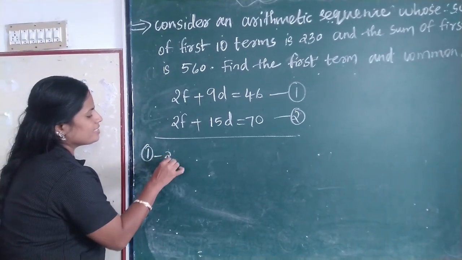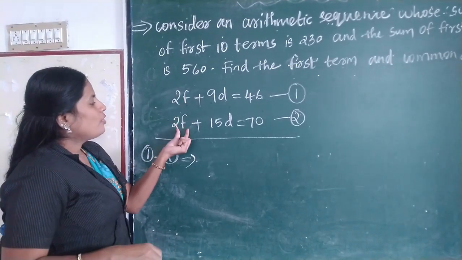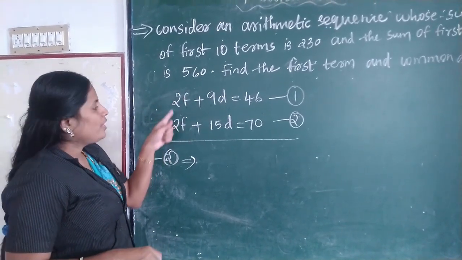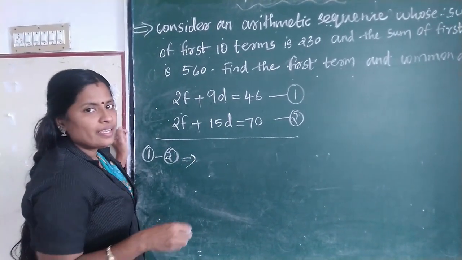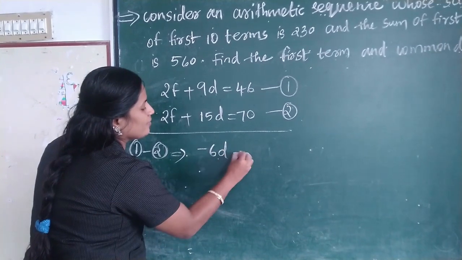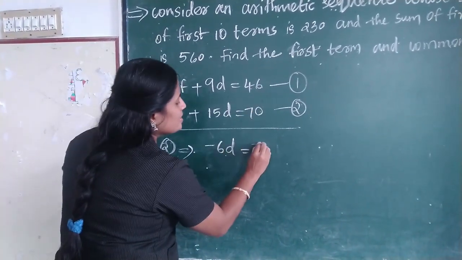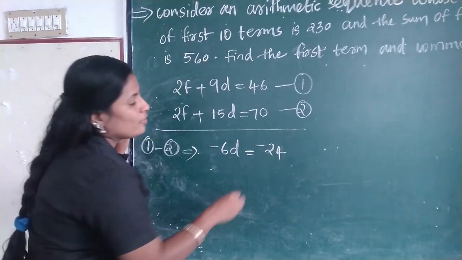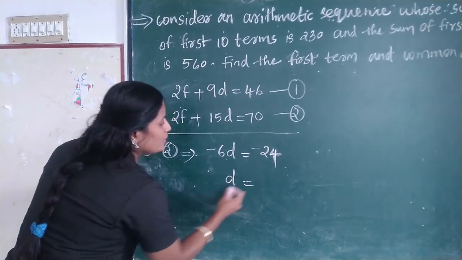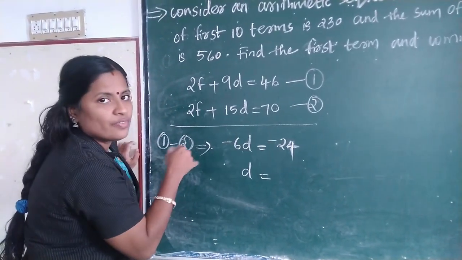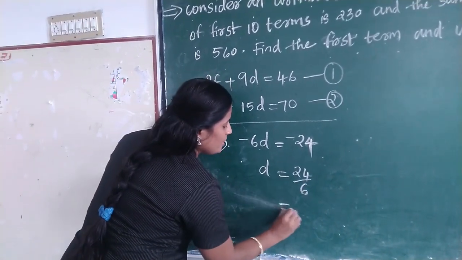Equation 1 minus 2, because here the coefficients are the same. 2f minus 2f is 0. 9d minus 15d is minus 6d, equal to 46 minus 70, which is minus 24. So d equal to, here both sides minus are there, so we can cancel, 24 by 6, which is equal to 4.